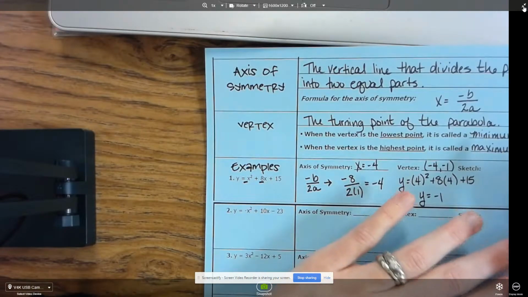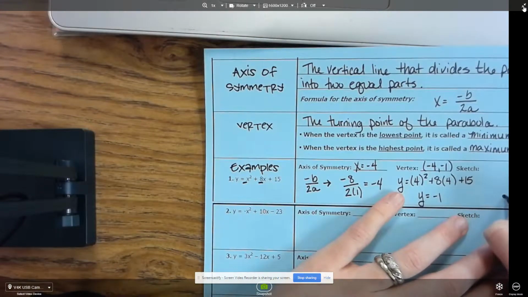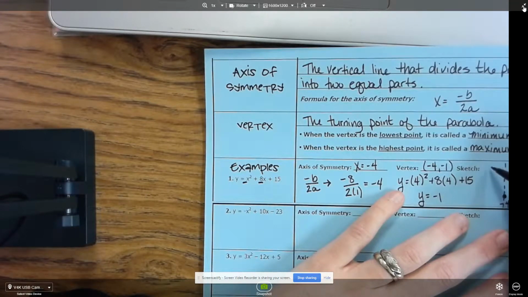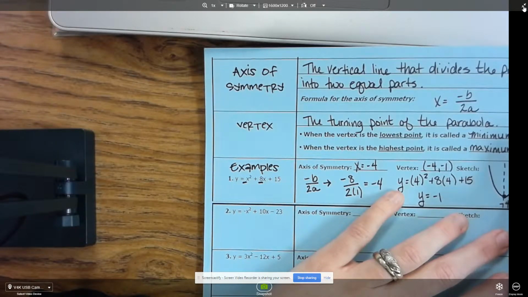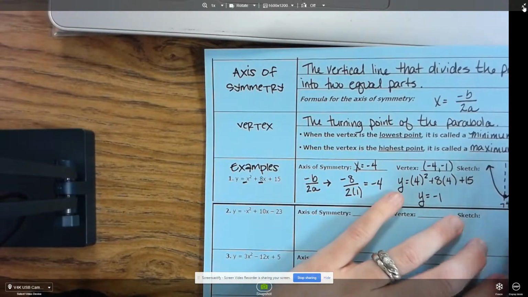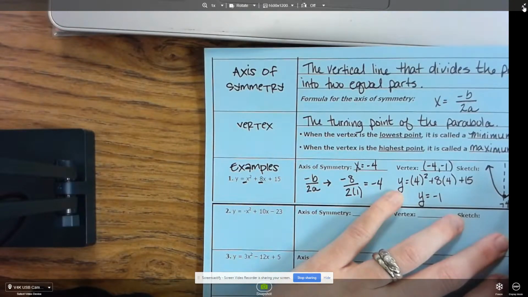It says to sketch it. If I sketch this, my vertex would be here, at (-4, -1). Then my axis of symmetry is going to run all the way through that, and my parabola is going to go through that point as well. This line here would be x equals -4.